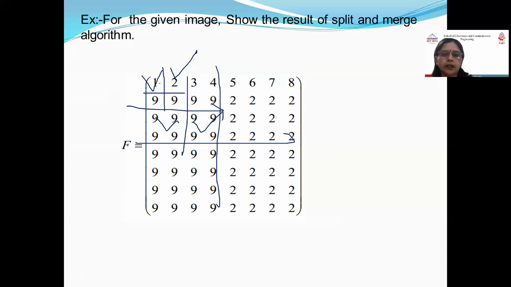So here you can use the criteria that difference should be less than or equal to 4. Okay, difference between two pixels or homogeneity criteria is difference should be less than or equal to 4. And give me your result as photograph, solve it on paper and copy result and photograph in the chat box.